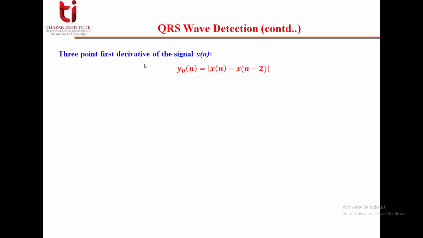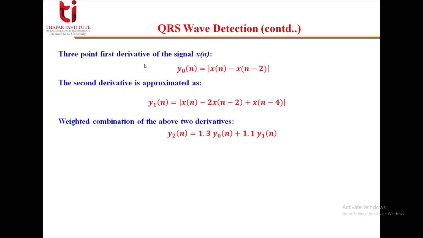So the 3-point first derivative of the signal, as we have seen in the transfer function already: you can see here y0(n), which is the mod of x(n) minus x(n minus 2), and the second derivative is approximated as y1(n), that is the mod of x(n) minus twice x(n minus 2) plus x(n minus 4).